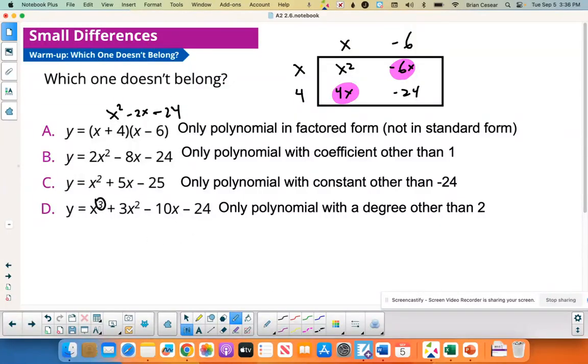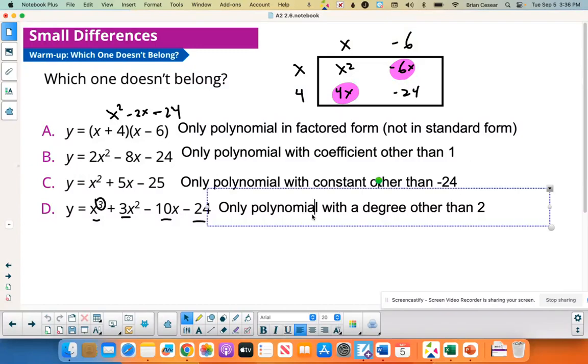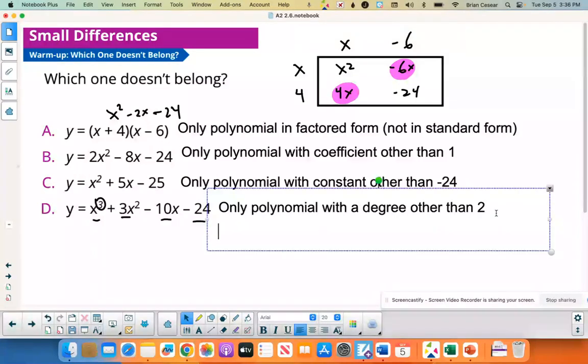You could also say it's the only one with 4 terms, because when you look here, you've got 4 terms there. So you could say only polynomial with 4 terms. The other ones all have 3 terms, okay?